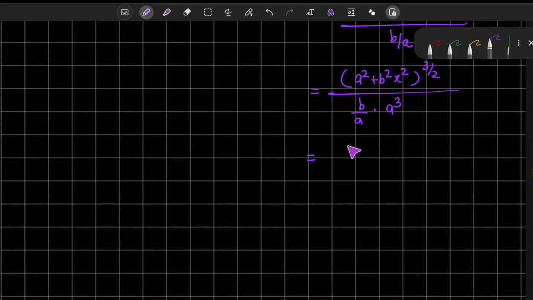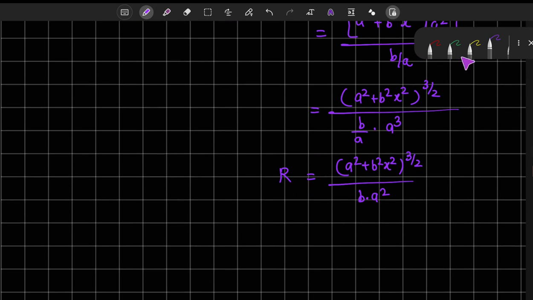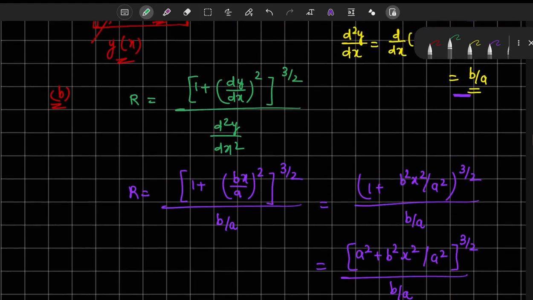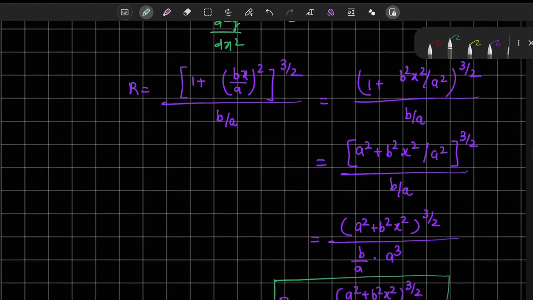So we can write finally a square plus b square x square to the power 3 by 2 whole divided by b into a square. This is the value of radius of curvature we have got as a function of x. Now this you can remember in order to find the radius of curvature.